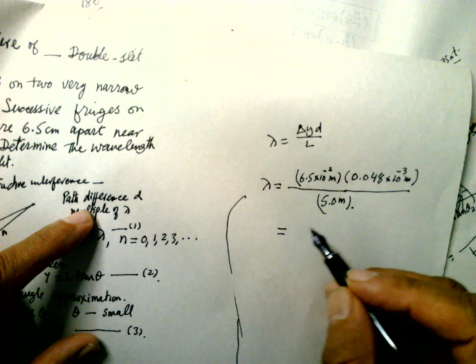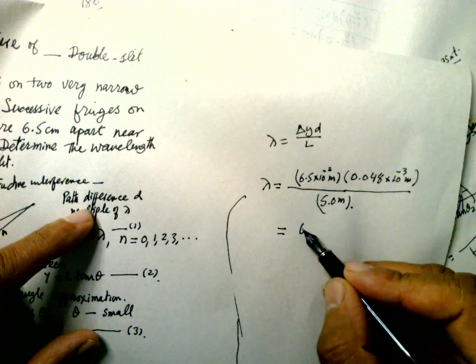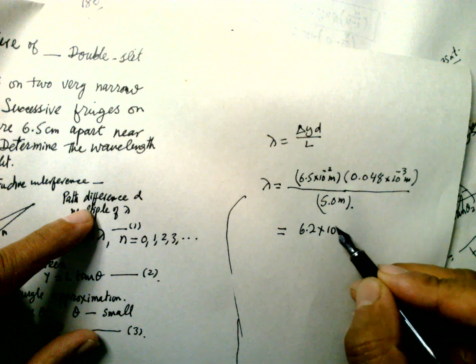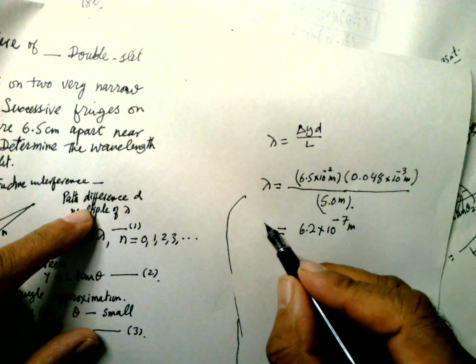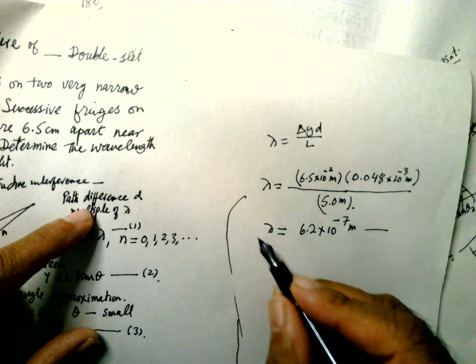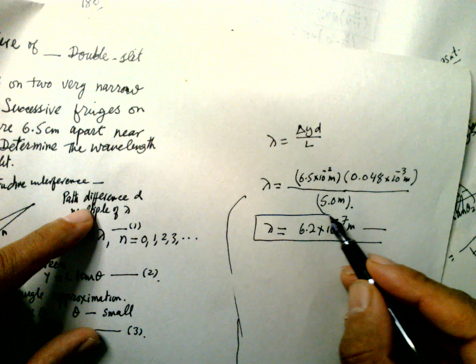So the wavelength is equal to 6.2 into 10 to the power minus 7 meter. This is the wavelength, the first answer.